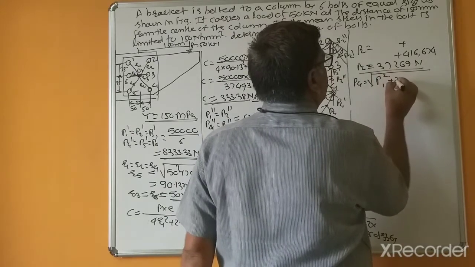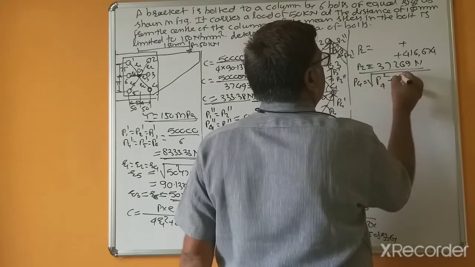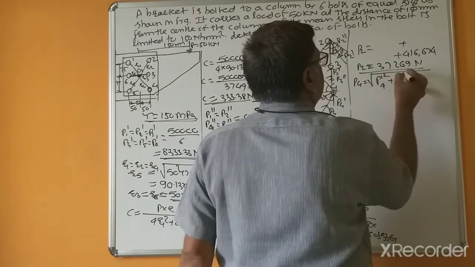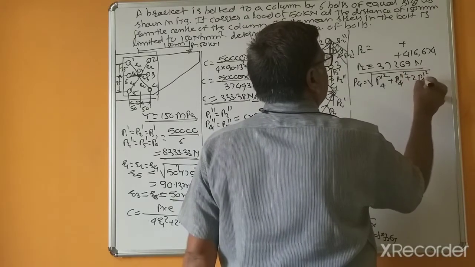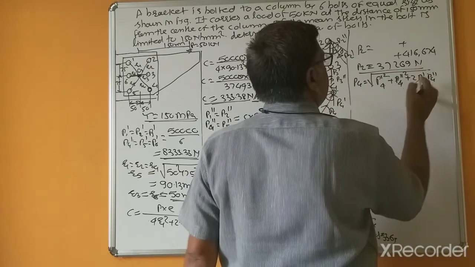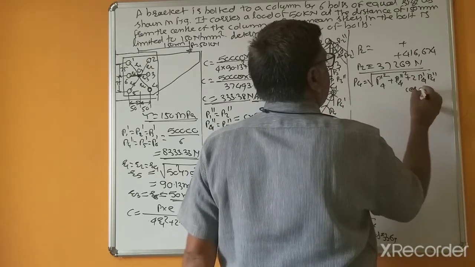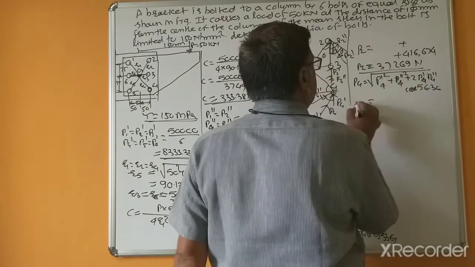P4 square plus P2 P4 double dash square, and this is cos 56.30.